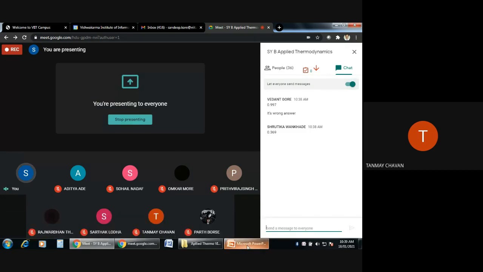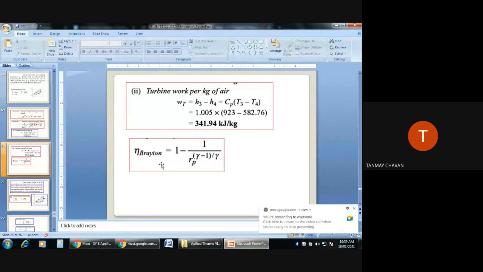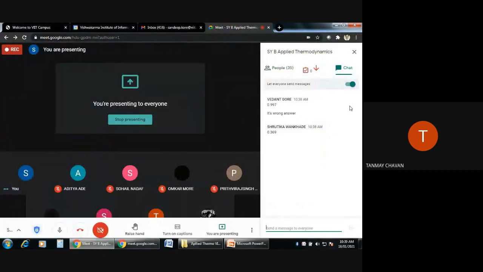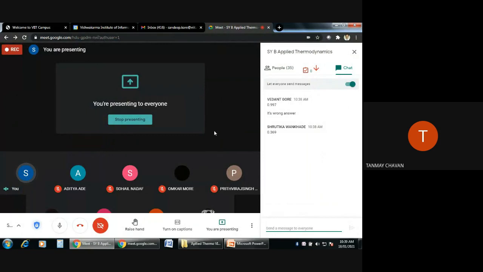The formula is 1 minus 1 upon 5 raised to (1.4 minus 1) divided by 1.4, means 0.4 divided by 1.4. Yes, anybody is having a different value? Okay, so 36% will be the correct value.